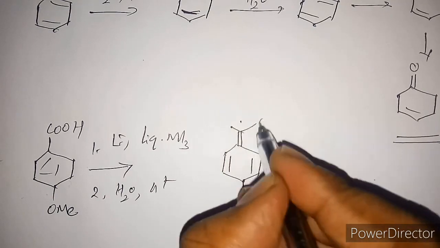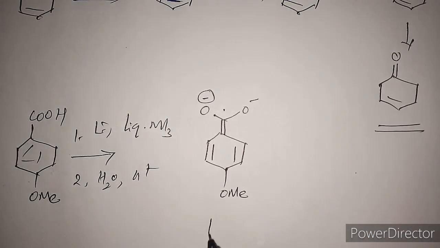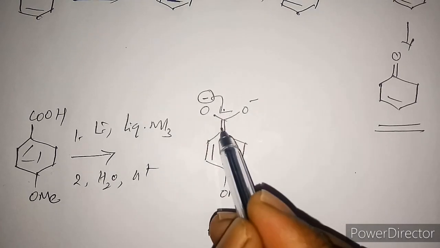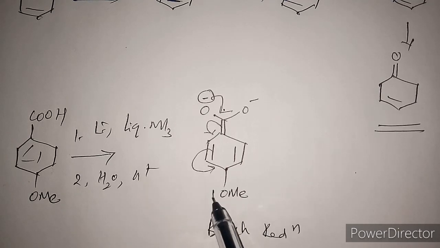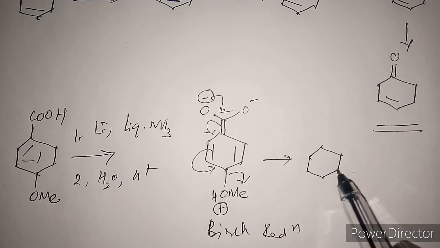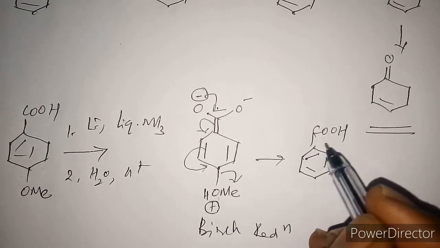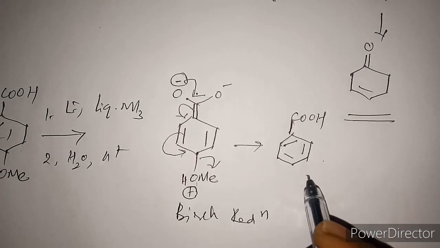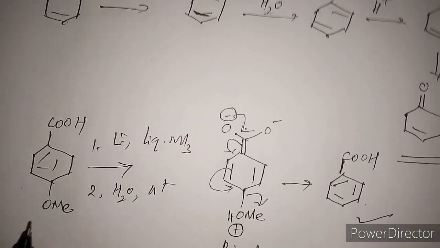Now this is O minus, O minus. So we'll get with the Birch reduction this product. Now this will make a pi bond. This will shift here. And with respect to acid, so this is H plus. Lone pair of electrons take the H plus. So this will eliminate. So we will get COOH. So this is the product with respect to para.